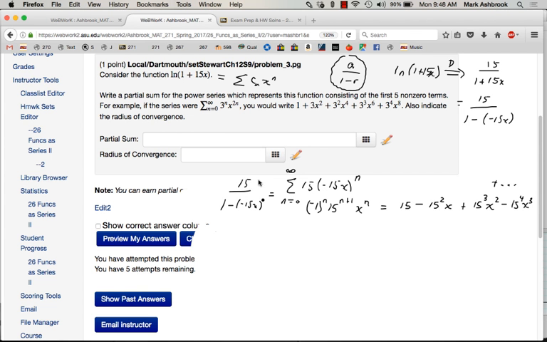Okay, and so because this was exactly the derivative of natural log of 1 plus 15x, the antiderivative is going to be natural log of 1 plus 15x.